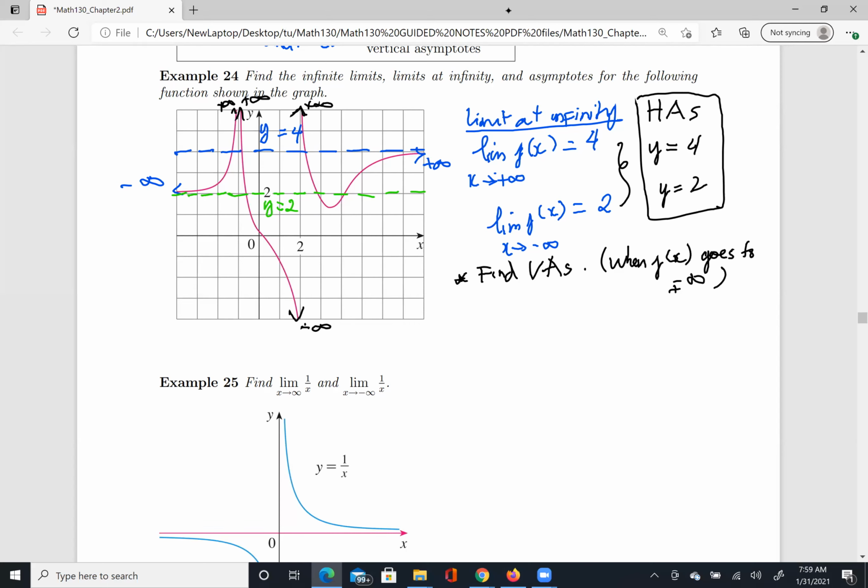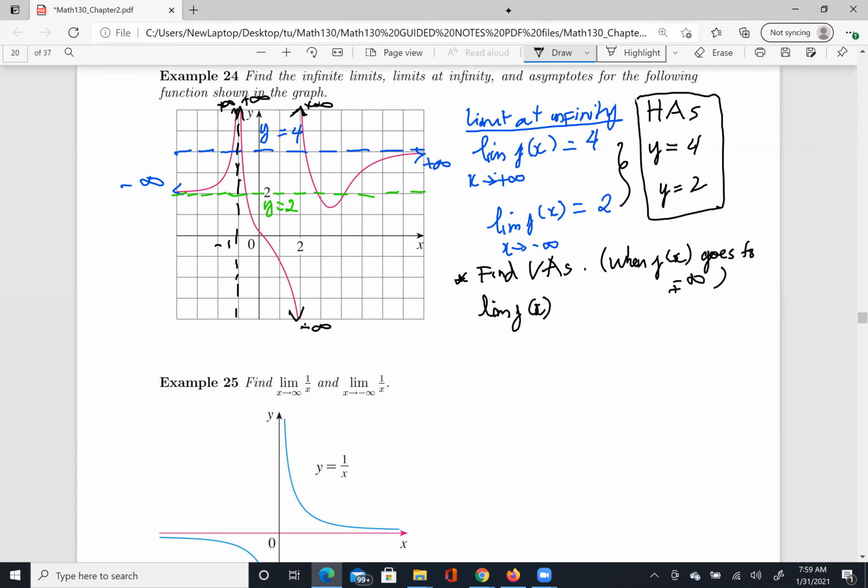Okay, so now we're gonna find the vertical asymptote. Okay, so limit f(x). Here, take a look at the line x equal to, let me say, -1, right?